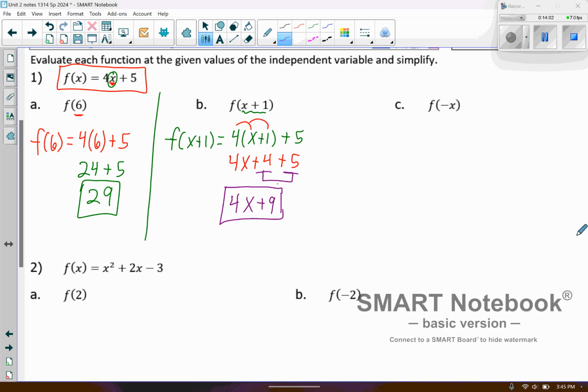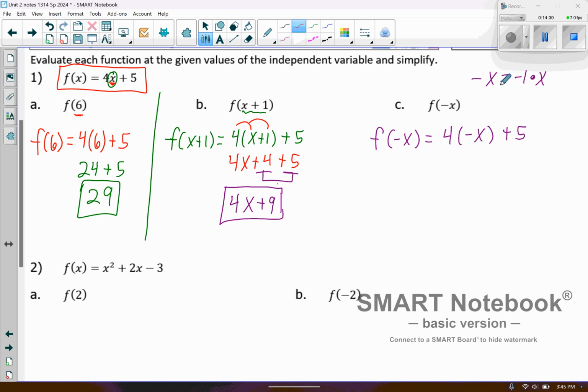Now on example C right here, we're going to plug in negative x. Okay, and in previous videos we might have talked about this, but negative x is short for negative 1 times x. It's the same thing, negative 1 times x. So we're going to plug this in. We're going to have f of negative x is equal to 4 times negative x, and then don't forget about the plus 5.